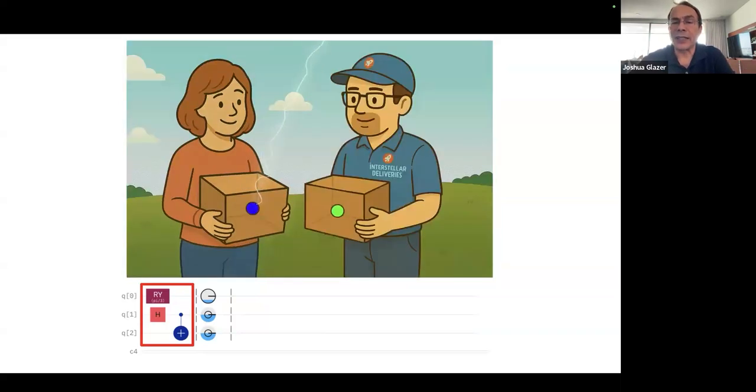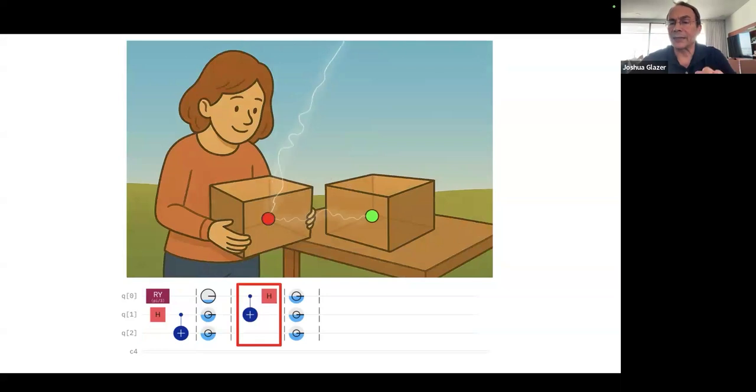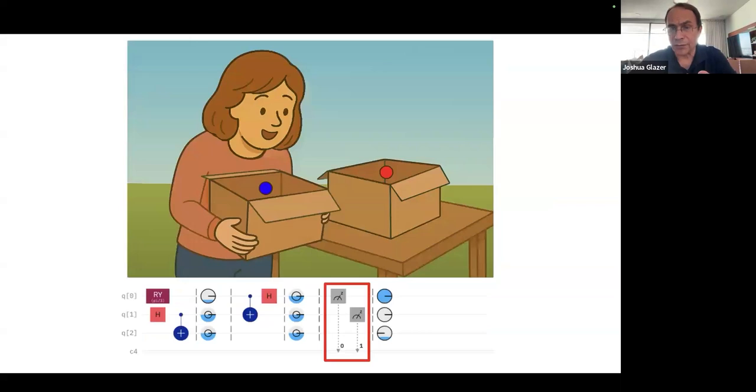Now comes the delivery guy with the particle that he would like to teleport to Bob, the green particle. What Sally does is simply entangle her original particle with the green particle, measure, and now comes something very interesting.